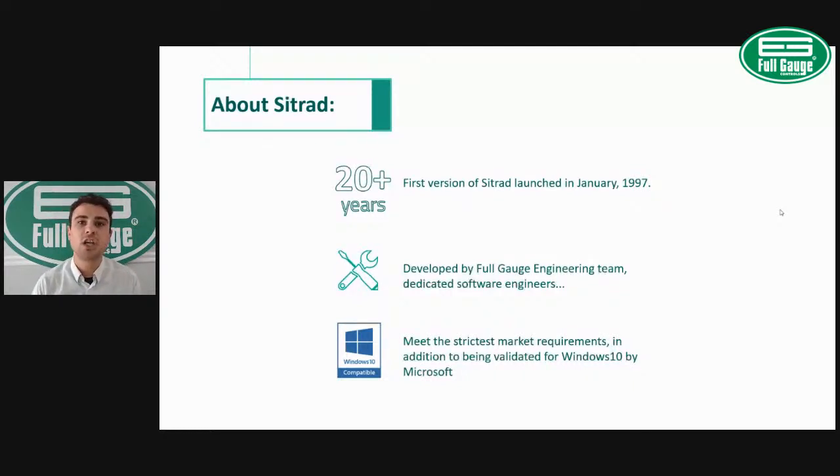And this CTROD software has been in the market for over 20 years, since 1997. And we've been constantly developing new features and updating all the features and capabilities that are available to you. In addition to that, the CTROD software has been certified by Microsoft. It is in line with the Microsoft requirements for Windows 10.